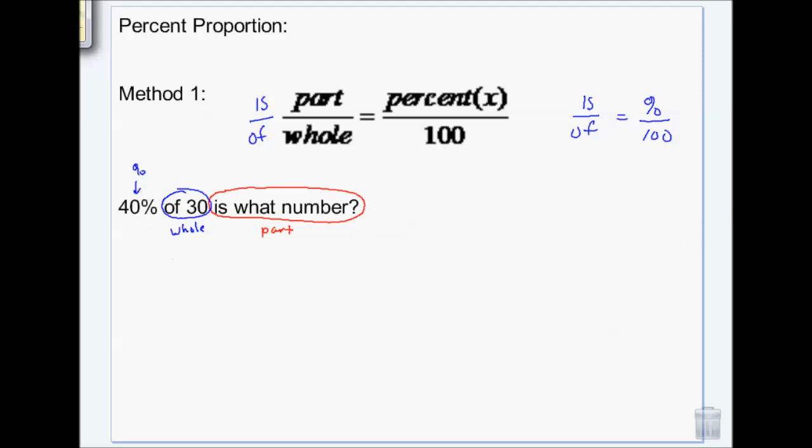So to set this up, we don't know what the part is. The is is our unknown, so we're just going to call it x. So I do the is over the of is equal to the percent over 100. The first step is to set up. The second step is to cross multiply.